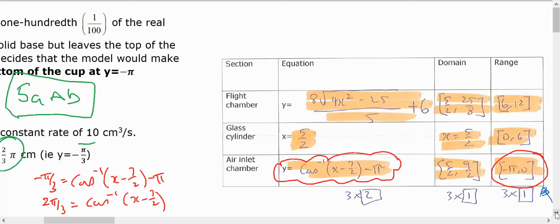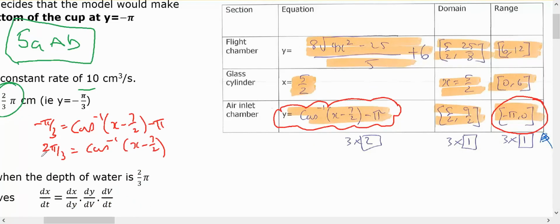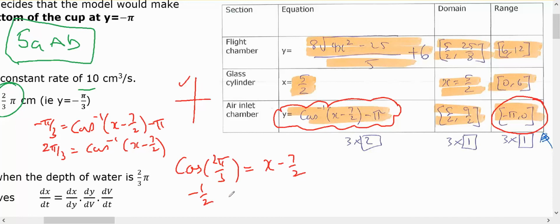If I take the cosine of both sides, the cosine of 2 pi on 3 equals the cosine of the inverse cosine, which gives you x minus 7 on 2. That's negative a half because we're in the second quadrant. Plus 7 on 2 equals x. X equals 6 on 2 or 3. So that's the answer to 5a.